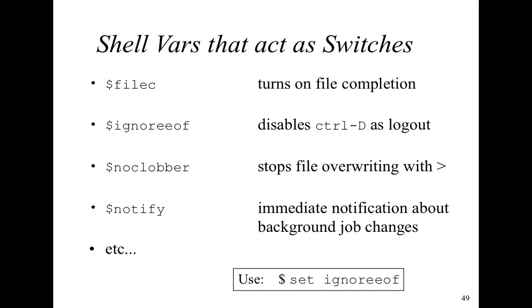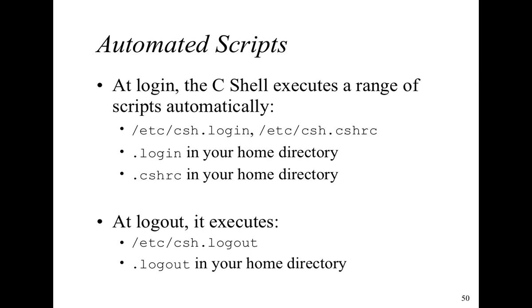To clobber something means to remove it, take it away, or overwrite it, so we can turn that off. Notify: are we notifying any of the jobs? You can set ignoreeof to 0 or 1. You can actually set it to true, false, on or off, 0 or 1, or you can set the value.